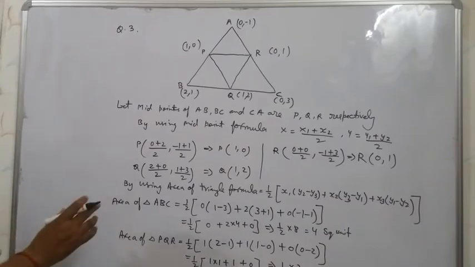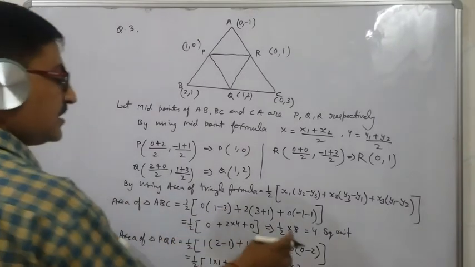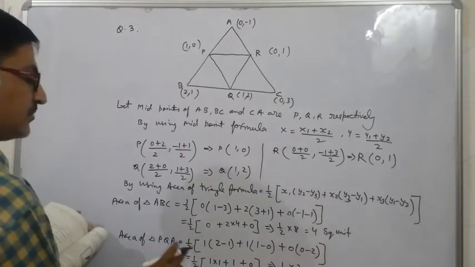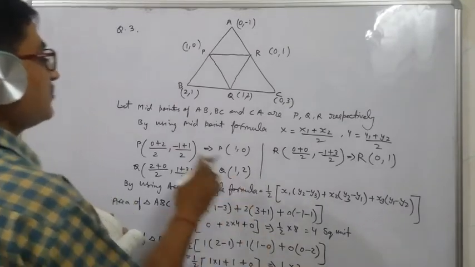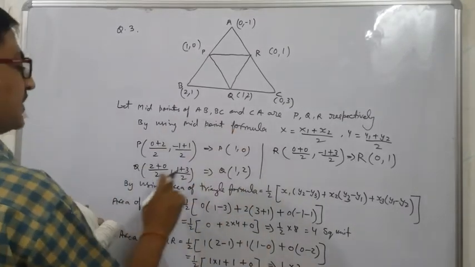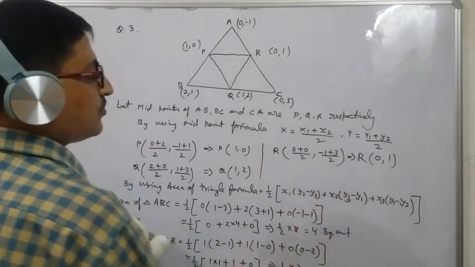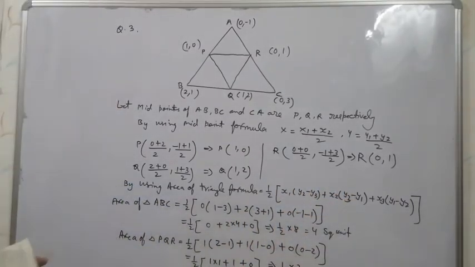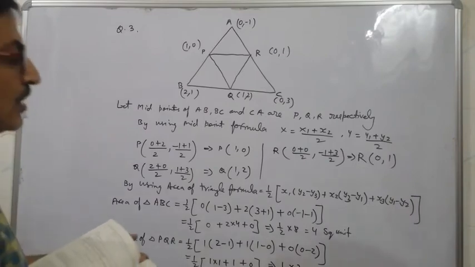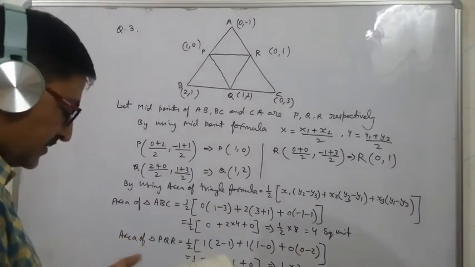There, students, you have seen the area of triangle ABC is 4 square units and the area of triangle PQR is 1 square unit, using the area of the triangle formula. So what will be the answer?